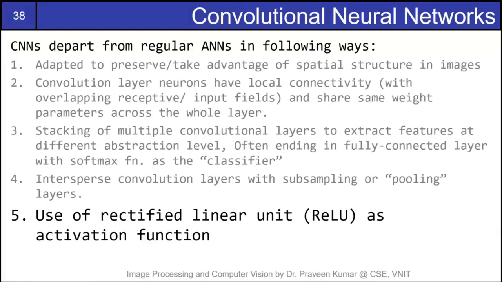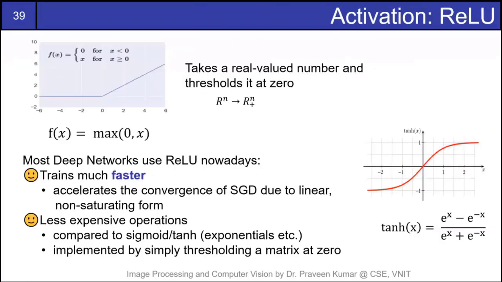And the last difference in our CNN is that normally as an activation function we use ReLU, which is the most common choice. The reason, as we have talked about earlier, is that in a neural network there is often a tanh or a sigmoid or logistic function, but there is a problem there.